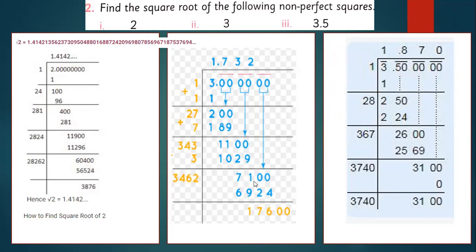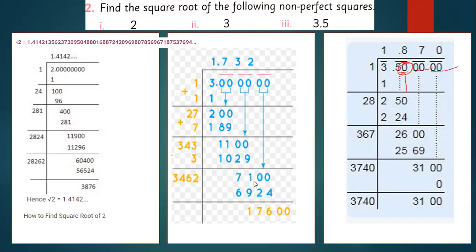Just after 3, you are having 3.5. So when you do 3.5, 1 ones are 1, subtract 1 from 3, you are getting 2. These zeros were not there, but for the solution, make all these in pairs. So this was 3.5, so just put 0 with 5, so that becomes 50, and 50 is a pair.